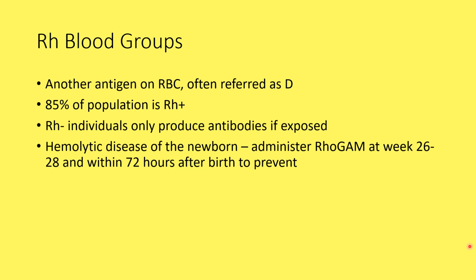One of the major issues with this is if you have a mother who is Rh negative and she is pregnant and the fetus is Rh positive. If the mother has previously been exposed and has antibodies against that Rh factor, you can have severe consequences. The mother's blood does not mix with the blood of the developing fetus.